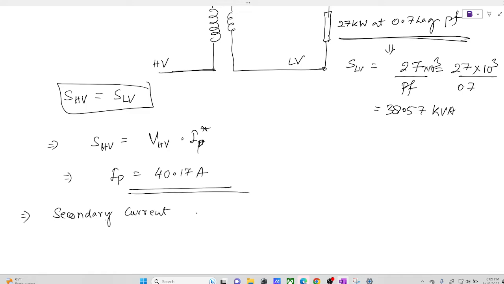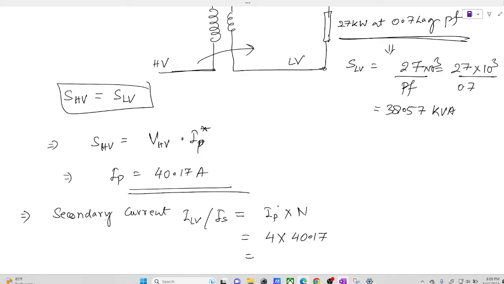Since this is a step down transformer, the current in the low voltage side will be higher. ILV, or what we call IS, will be equal to IP into turns ratio, that is 4 into 40.17.